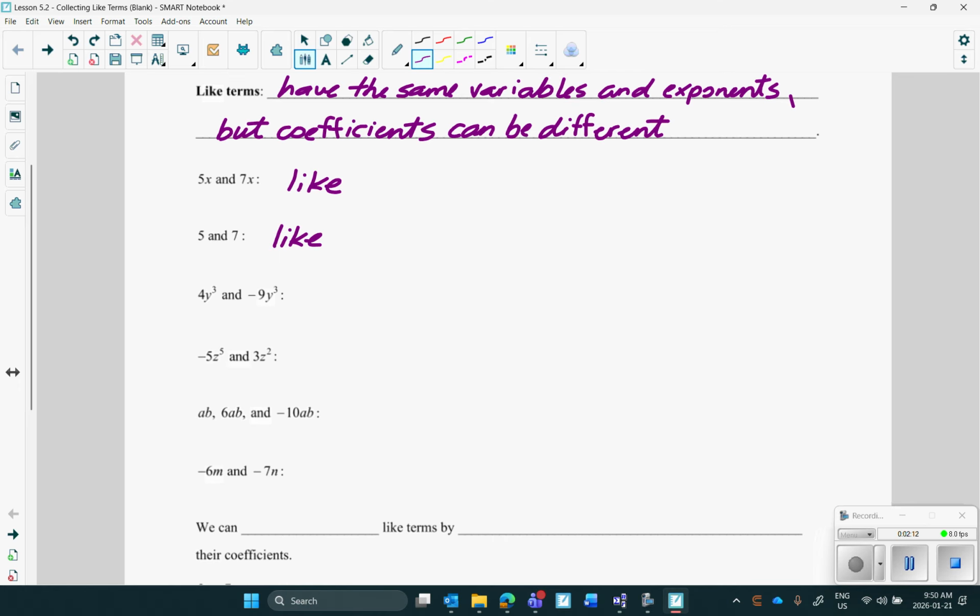4y to the third and negative 9y to the third. Do they have the same variables and exponents? Yes. Negative 5z to the fifth and 3z to the second. No. Different exponents.